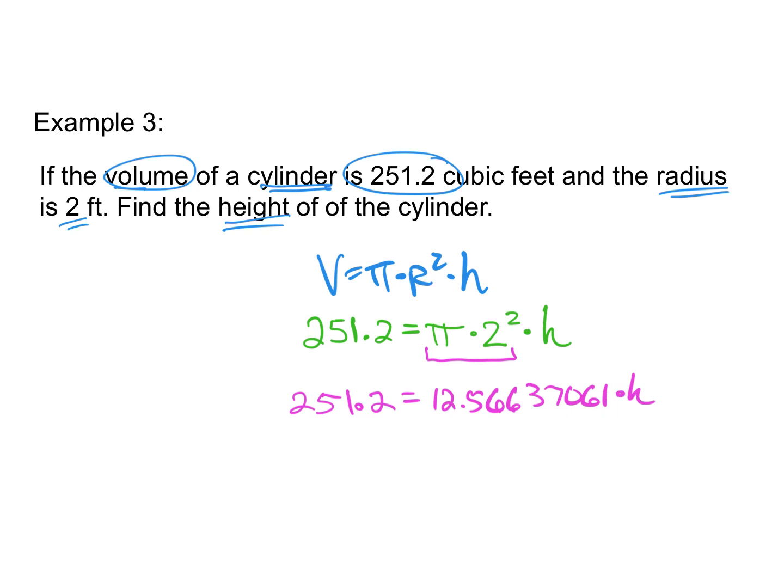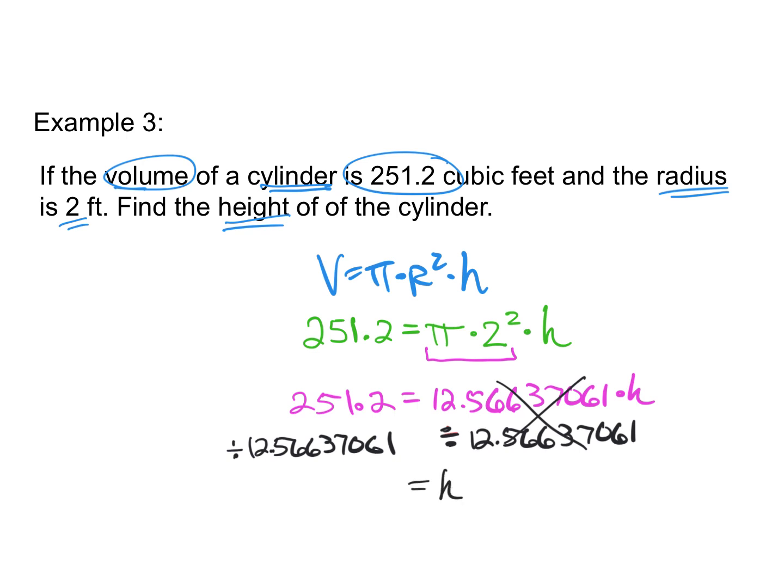So then we are going to divide. Divide by 12.56637061 on both sides. These two are going to make 1 and leave h by itself. So grab a calculator.